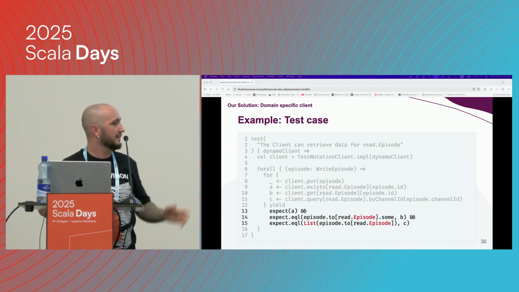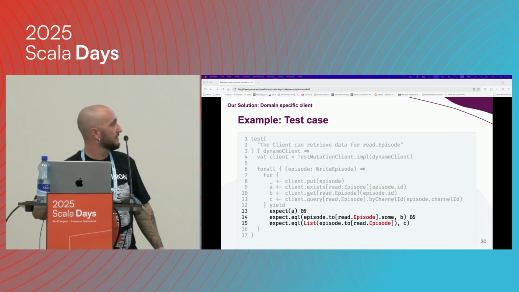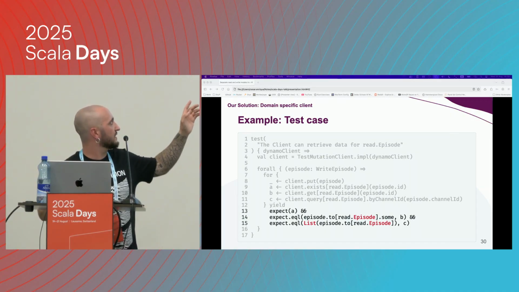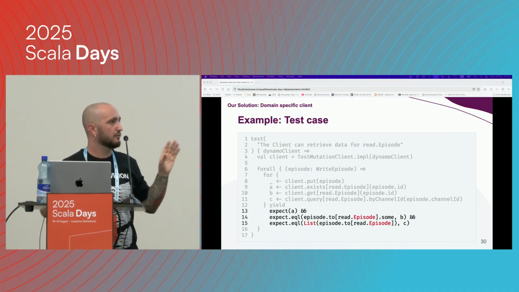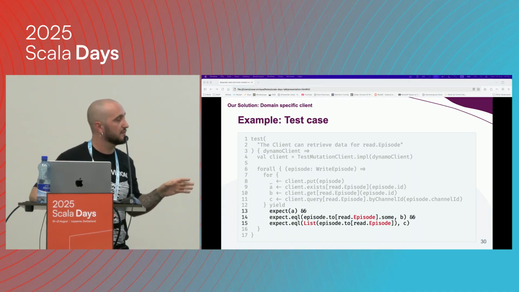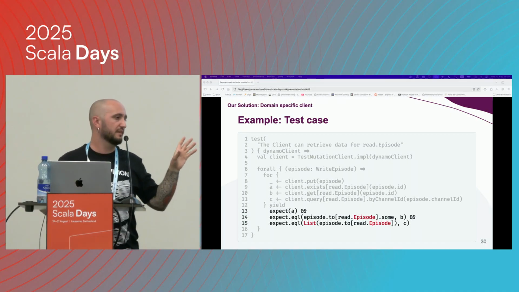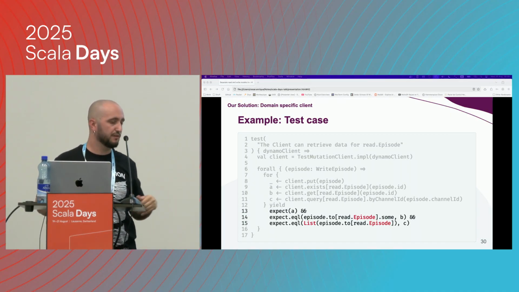And in the end, we do this using a library that, in this case, is, I believe, duct tape. But you can do this with other libraries, or maybe even implement it yourself. But it was really useful and a key component to make this usable to write tests, and we rely on the fact that the read version of types is always a subset of the write version. So you can always map the write version to the read version. It's just removing things.